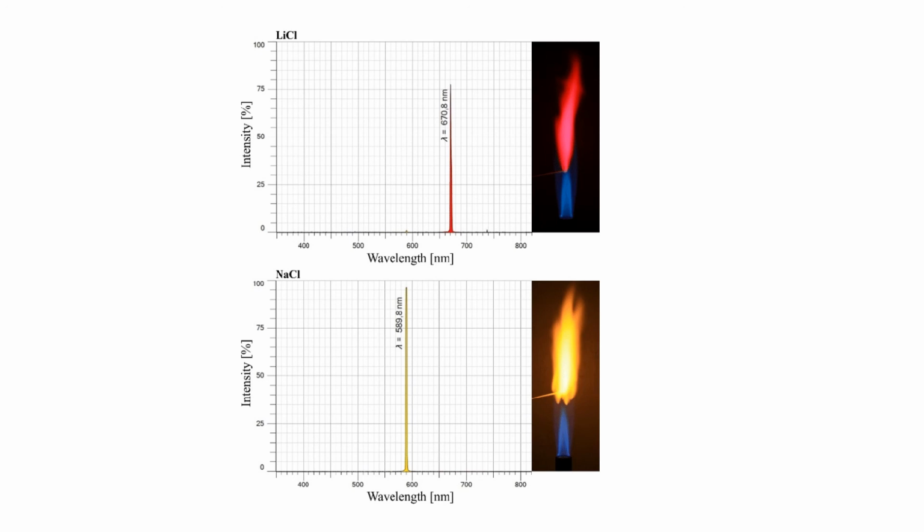So that is flame emission spectroscopy. That is one instrumental method that we need to know about. And we also need to know those three advantages of using instrumental methods, which are it's faster, more sensitive, and much more accurate. So that is it from me.